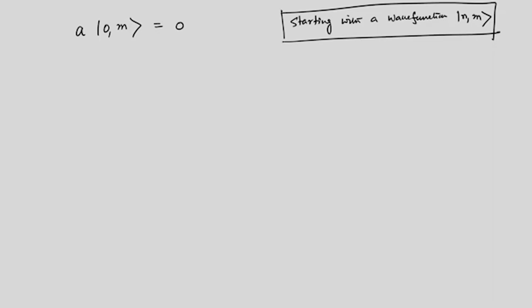So now I will put the form of A, and that tells you that this A is equal to LB delta plus z over 4 LB, acting on 0 m, that should be equal to 0. Okay.